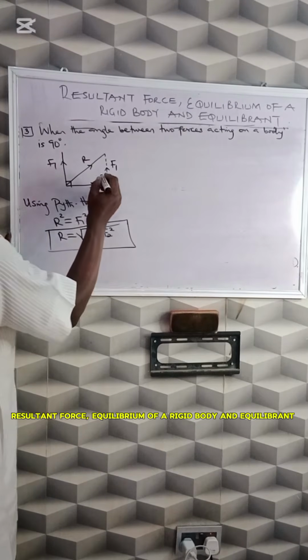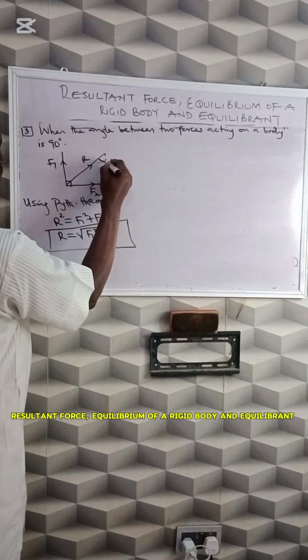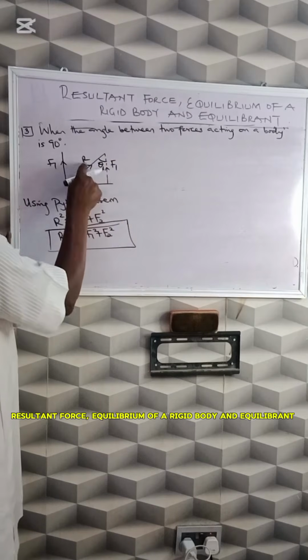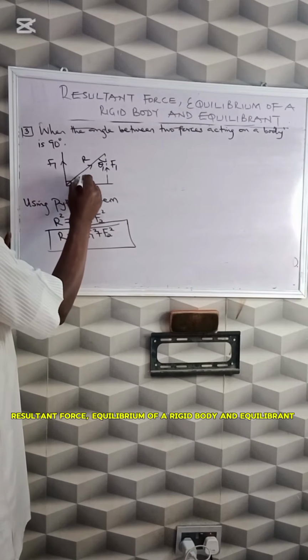The angle between the resultant and F1, call it theta 1. The angle between the resultant and F2, call it theta 2.